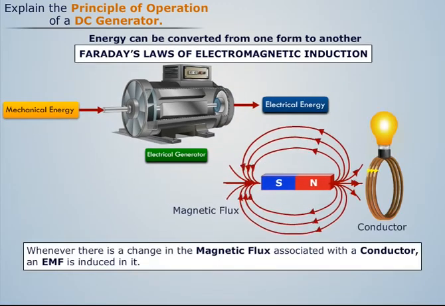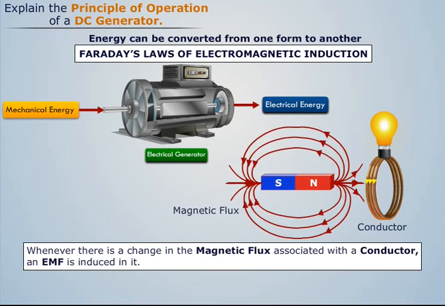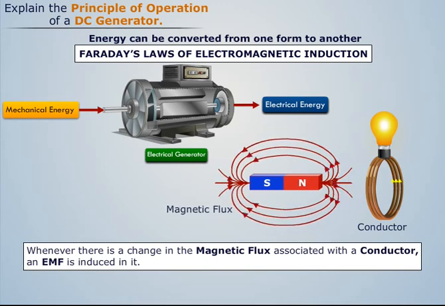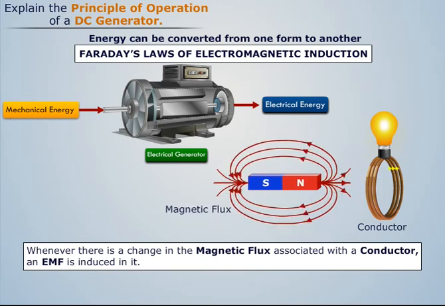Which states that whenever there is a change in the magnetic flux associated with the conductor, an EMF is induced in it. This induced EMF causes a current to flow if the conductor circuit is closed.